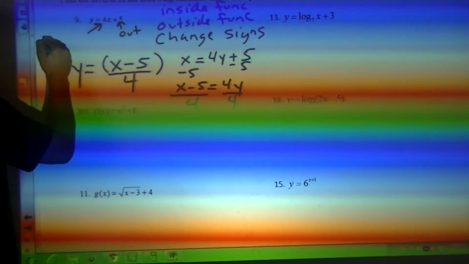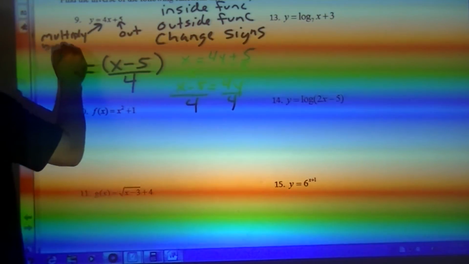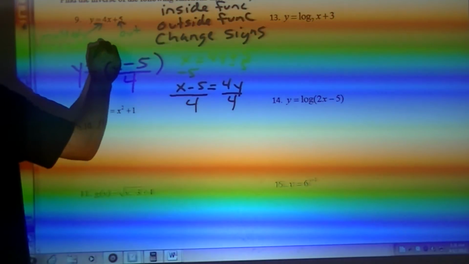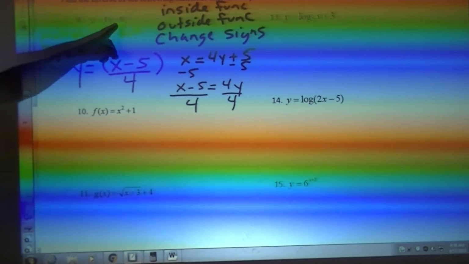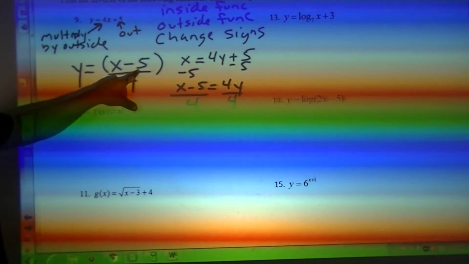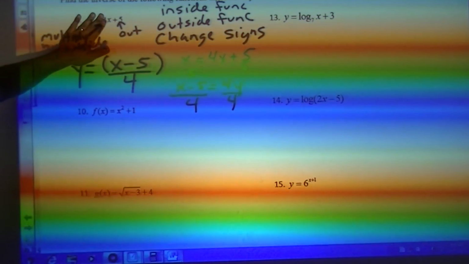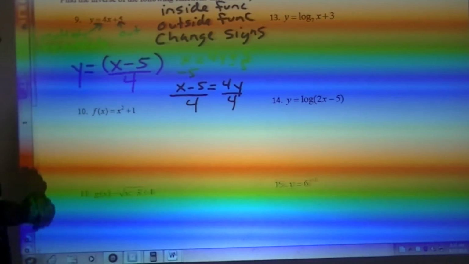This is considered multiply by outside. So the opposites of all of those are 5 now. 5 goes on the inside and changes sign, so now it's inside the parentheses, if you will. 4, instead of being multiplied by 4 on the outside, it's divided by 4 on the inside.